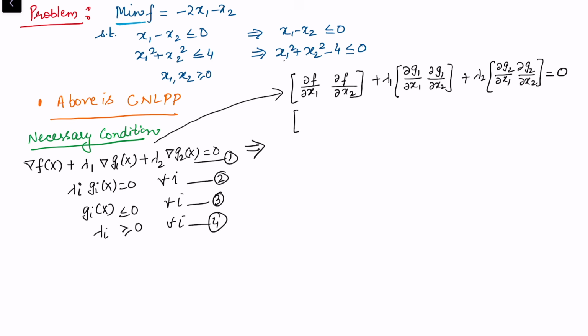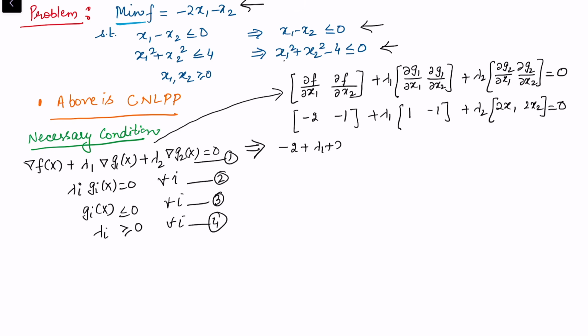Now this becomes minus 2, minus 1 from the objective function, plus lambda 1 times 1, minus 1 from the first constraint, plus lambda 2 times 2x1, 2x2 from the second constraint, equal to 0. When we equate these, we get two equations. One is minus 2 plus lambda 1 plus 2 lambda 2 x1 equal to 0, and another is minus 1 minus lambda 1 plus 2 lambda 2 x2 equal to 0. Let me label these as 1.A and 1.B.